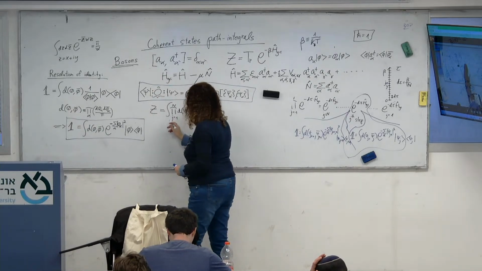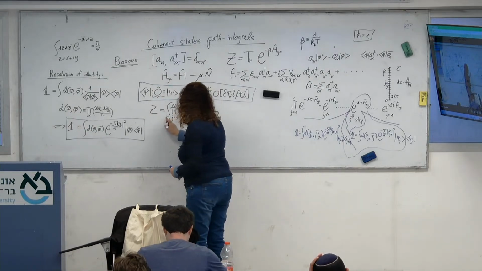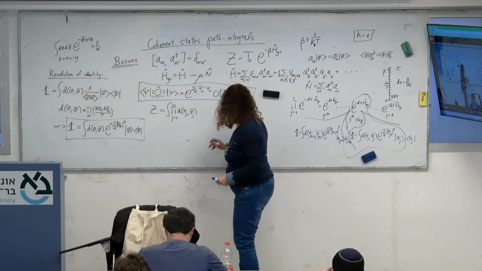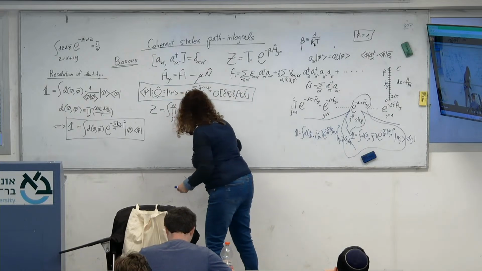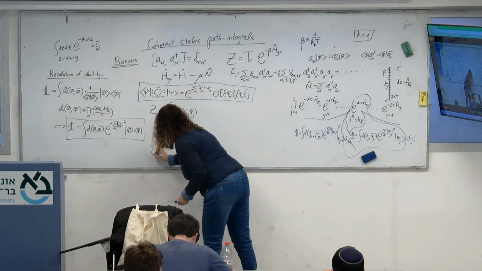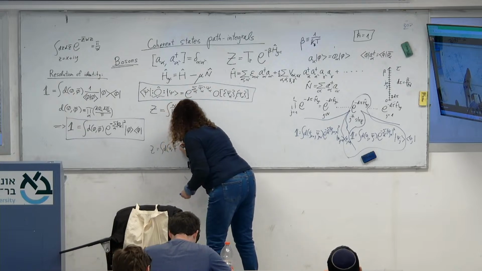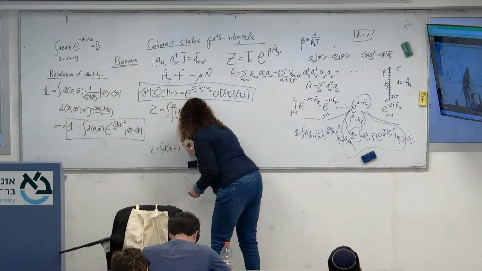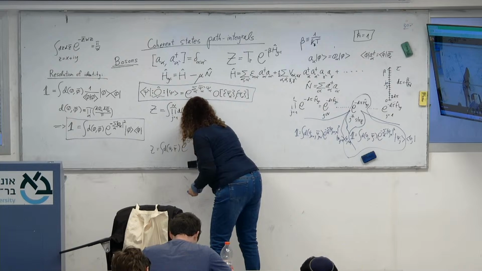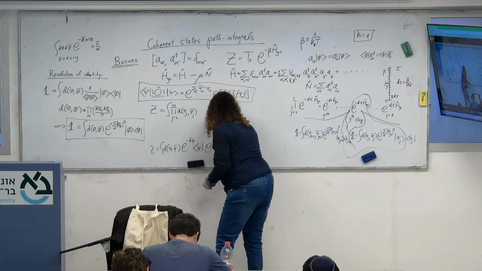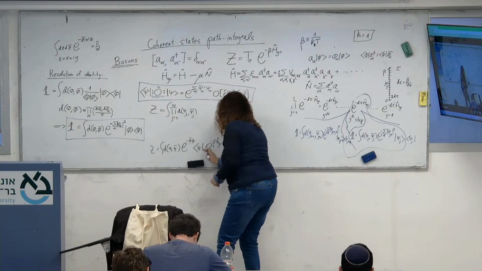But notice that inside Z, inside the expression that I already erased, there was another element. Maybe I'll just quickly write it again. There was another integral over some psi bar, and the exponent, etc. But here we have to close this. We have to close it with the same psi.